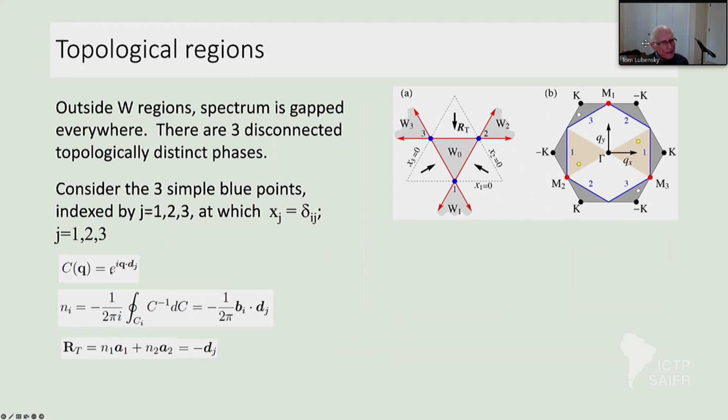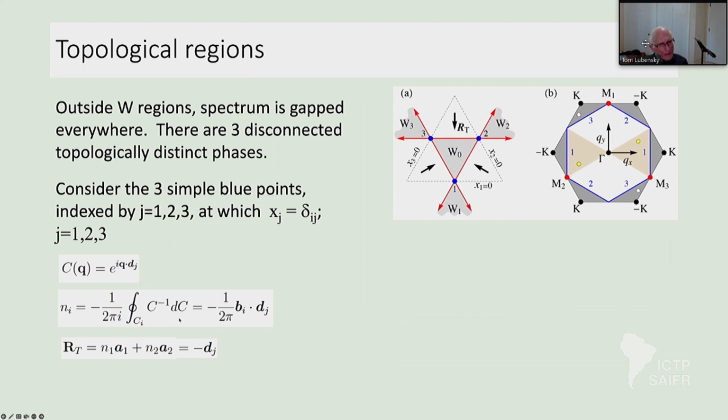The c of q then is e to the i q dot d. So we think of this c as being associated with the displacement vector d sub j. So this is a c sub j really, and it has an x which is only in the j direction. So if this was a d1, then the x1 out here is equal to 1.